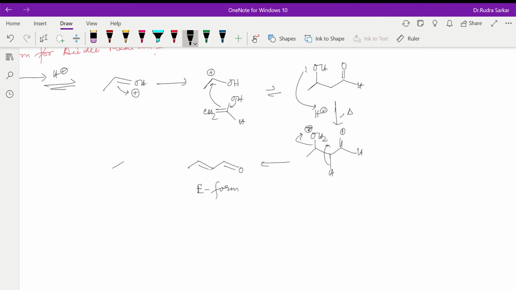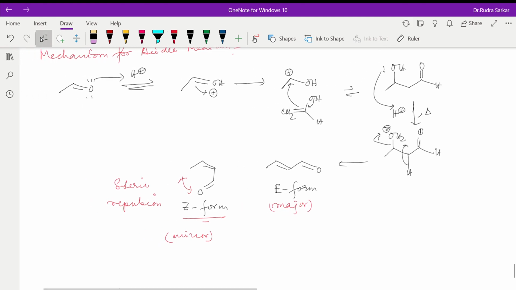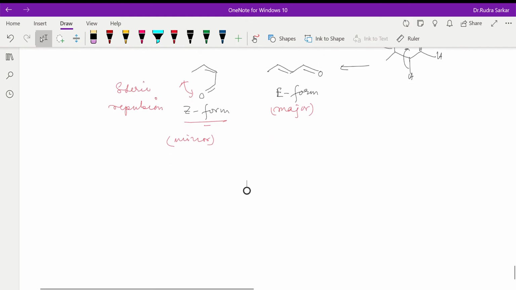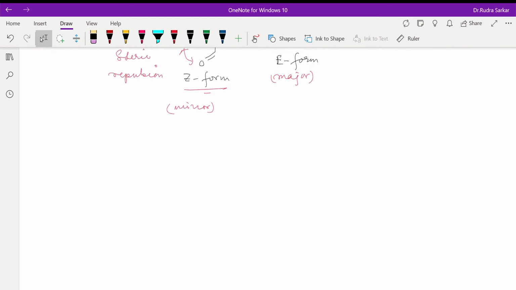We can also write this in the Z form. But since in the Z form there is steric repulsion, so the Z geometrical isomer will be minor and the E form will be major. So a question relating to this can be asked or has been asked in the IITs before.